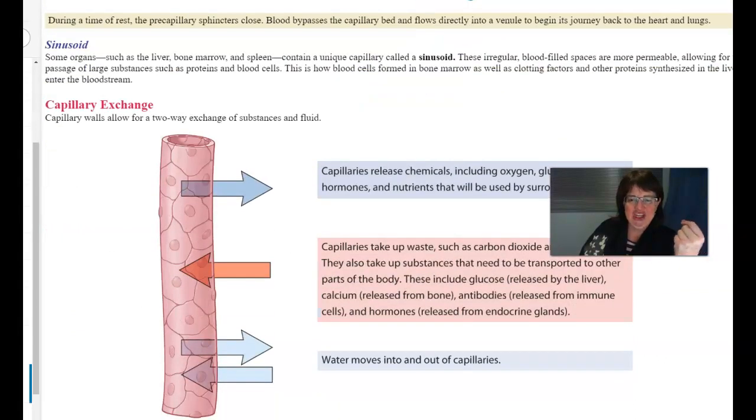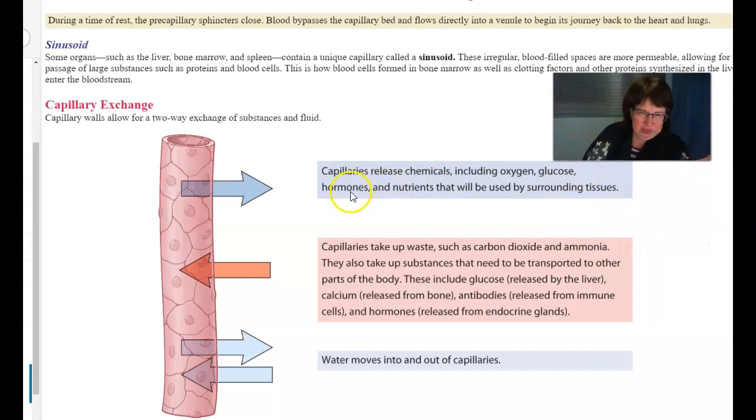Now, capillary exchange is quite a confusing concept because there are 2 forces at play. One is the push out and the other is the pull back in. The push out is because of blood pressure.